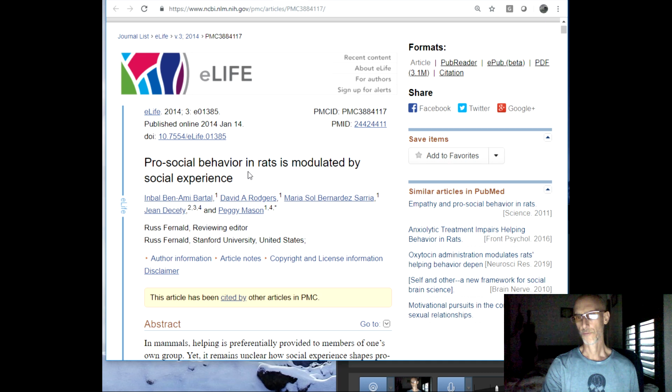So in this study on rats, like I said, the rats without reward are helping other rats that are trapped in some blocked off areas, I don't know if they're Skinner boxes or cages basically, and the rats are helping whether they're unrelated or not, or socially affiliated first, even if they're a different strain.